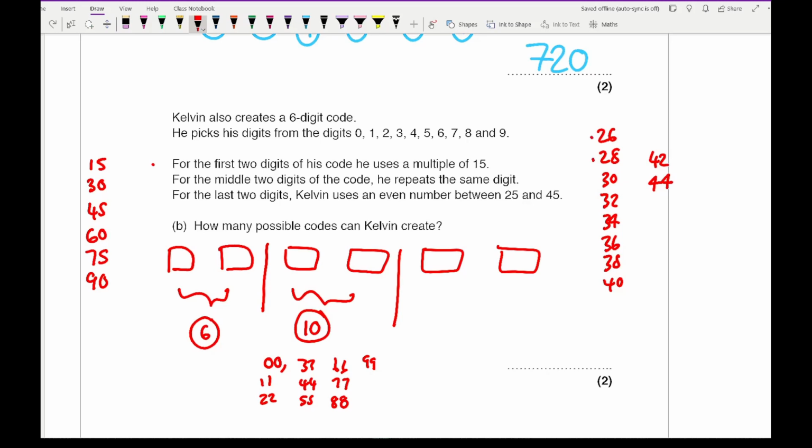So we've got 10 combinations there. In which then, to work this out, all we then need to do is 6 times 10 times 10. So there are 600 possible combinations.